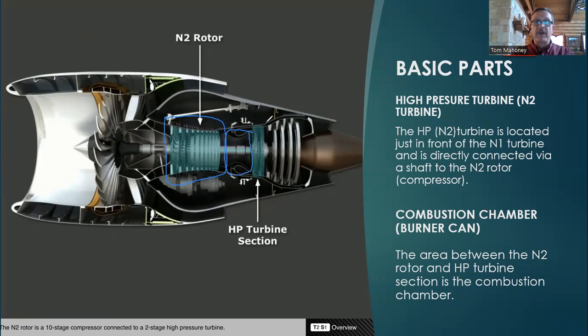Right behind the combustion chamber is our high pressure turbine, or as I refer to it, the N2 turbine. So we have the N2 compressor, the N2 turbine, and between the two, we have the burner can or the combustion chamber.